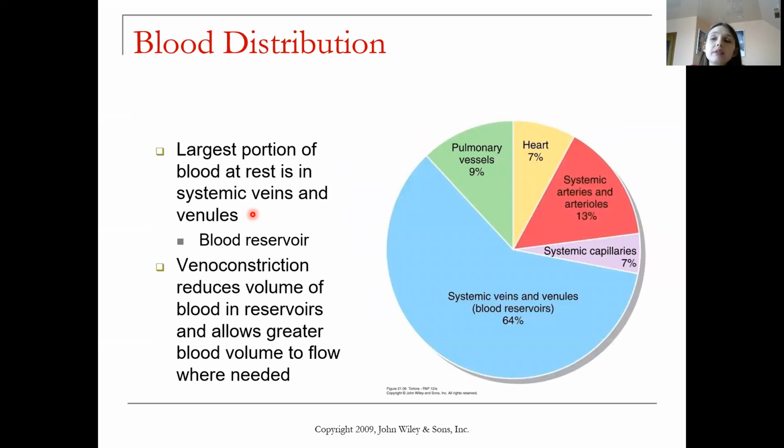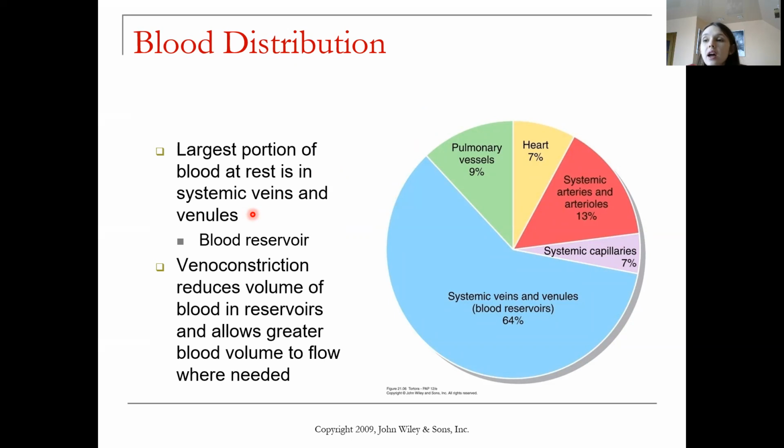Mainly, when we talk about circulatory blood distribution, the venous system is the blood reservoir, which holds about 64% of the blood. A large portion of the blood stays at rest here. It happens due to the low pressure present in the venous system.